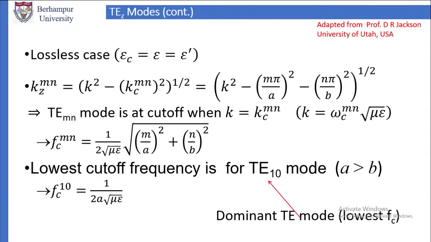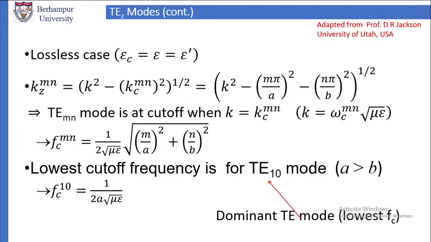Now from that, if I put omega_c, what is the k_cmn? k_cmn is equal to root over of (m pi by a) whole square plus (n pi by b) whole square. So now there is pi square, root over of pi square is pi, so take pi common from that.